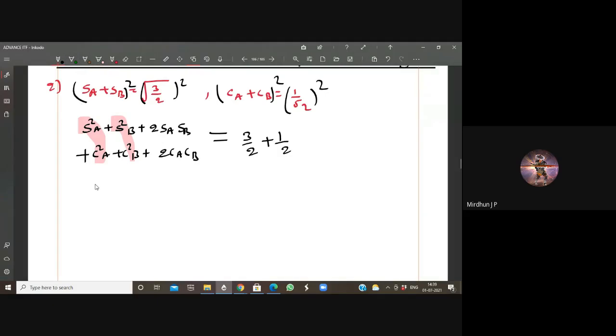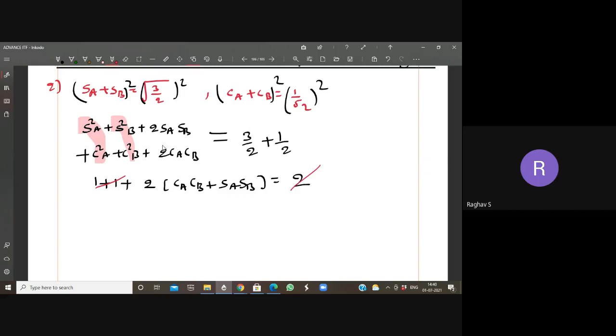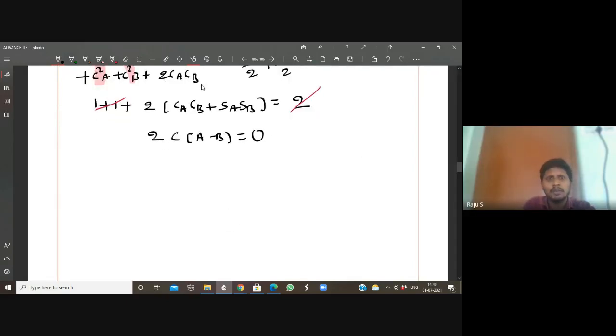That is 1 plus 1, and taking 2 common, 2 times sin A sin B plus cos A cos B equals 2. The 2s will cancel, so cos A cos B plus sin A sin B equal to 0, sorry, equal to 1 by 2... Cos A cos B plus sin A sin B formula is cos of A minus B. Am I right? So finally cos of A minus B is equal to 0.